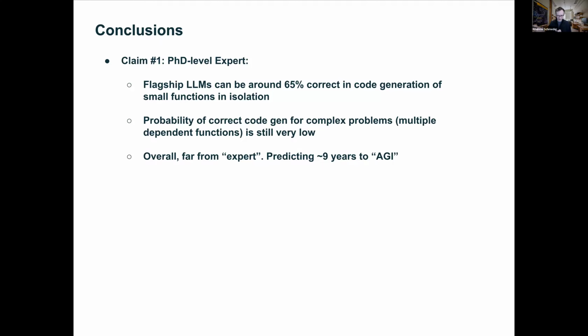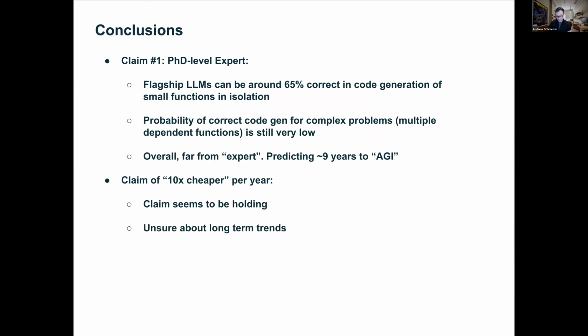If we equate 100% correctness on this benchmark to AGI, then we can expect that is around 9 to 10 years away. The claim of 10x cheaper per year seems possibly true. I'm not sure about the long-term trends. We'll see. But there are also some issues, like there is a practical floor.